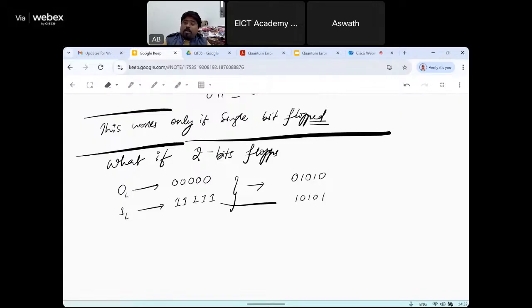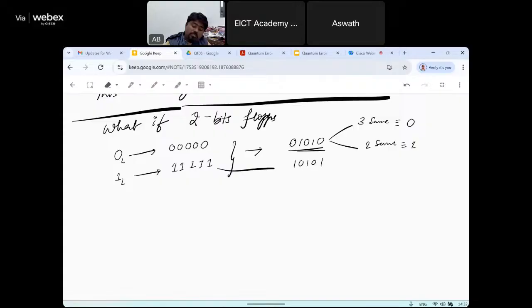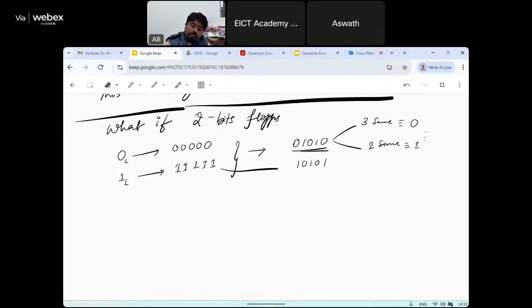So when I read, I see there are 3 bits that are the same, which is equal to 0, and the other 2 bits are the same, which is equal to 1. So now I'll follow this democracy kind of strategy. Whichever value has the maximum number of same bits, I treat it as the actual signal, which is 0.